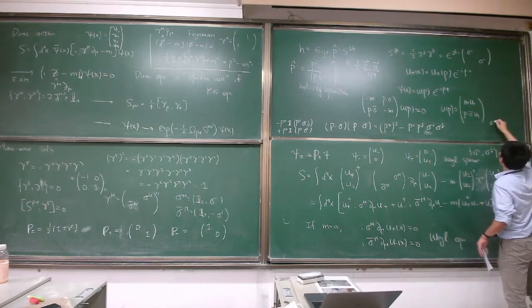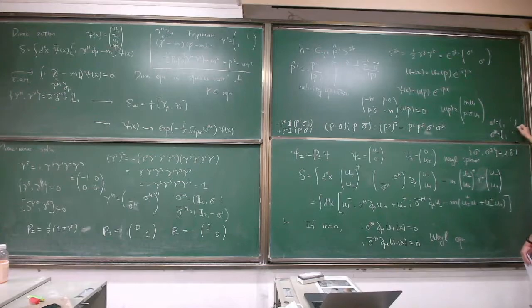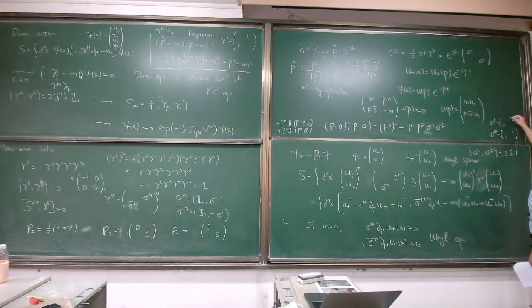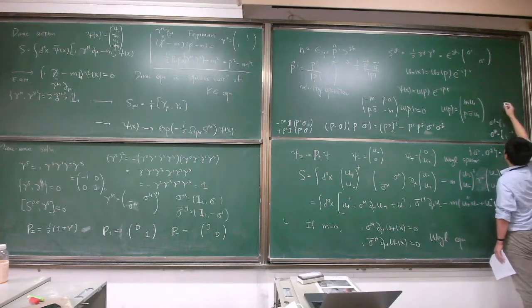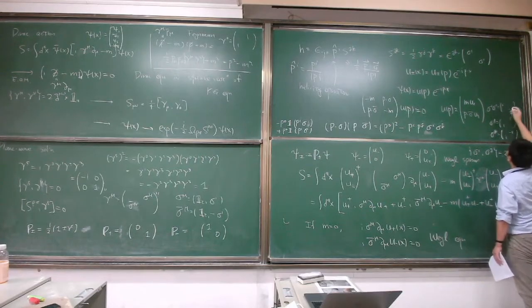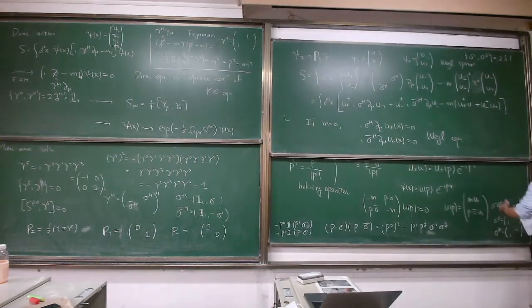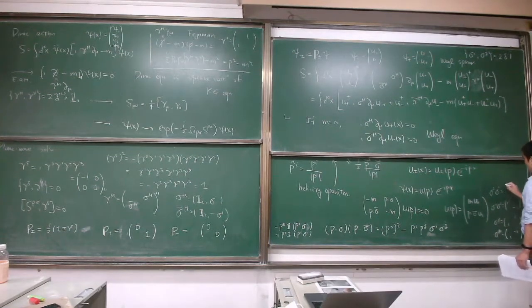Okay, you can check that sigma 1 and sigma 2 are such that if you add them up, you get 0, but if you multiply them together, you get 1.